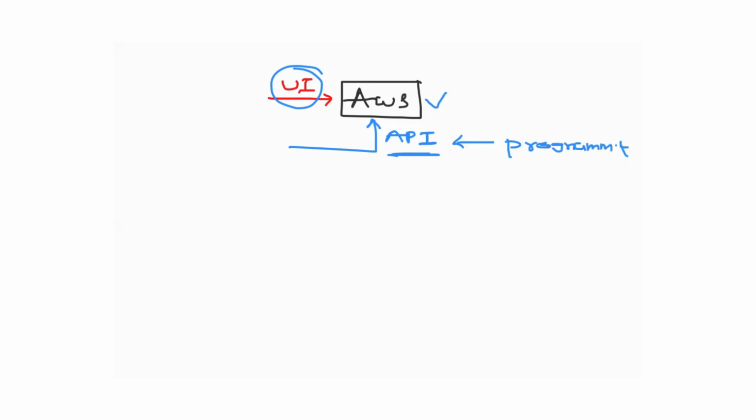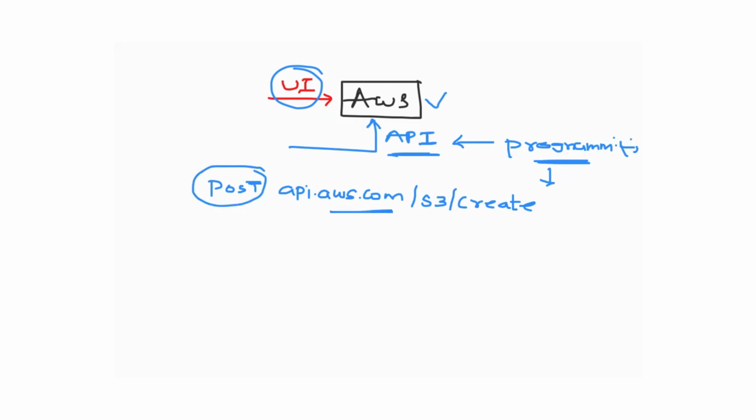This programmatic access can be anything, right? If AWS opens up their APIs, AWS says you can start creating S3 buckets using, for example, api.aws.com/s3/create with a POST. This is just an example. What AWS says is, we have written an API for creating S3 buckets.